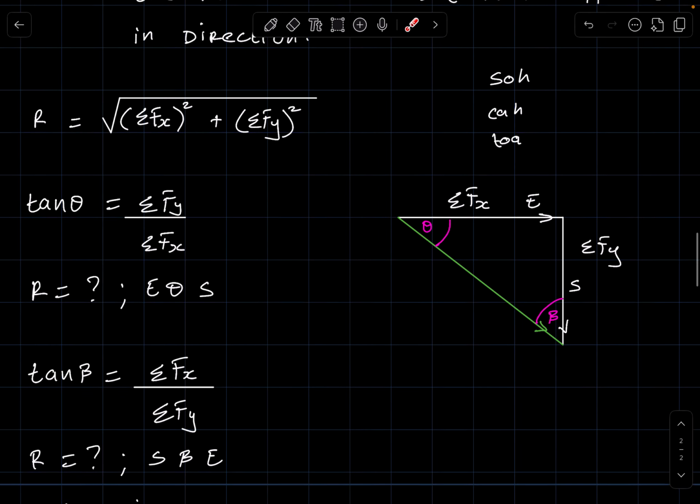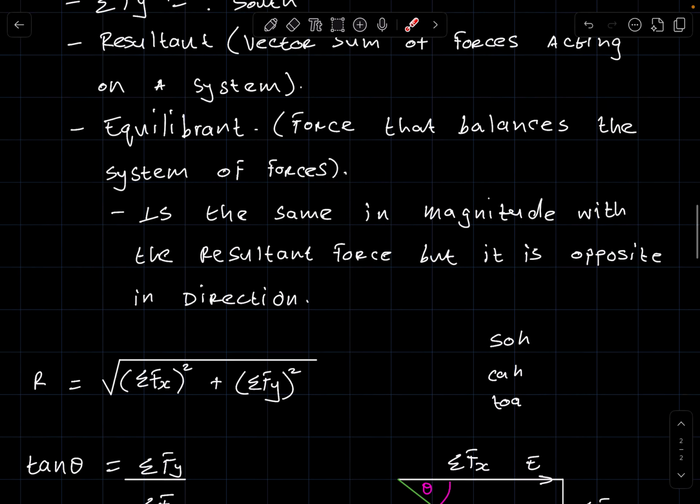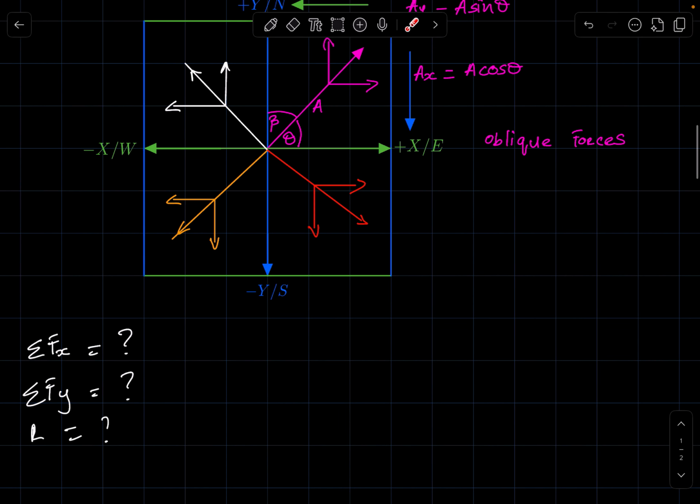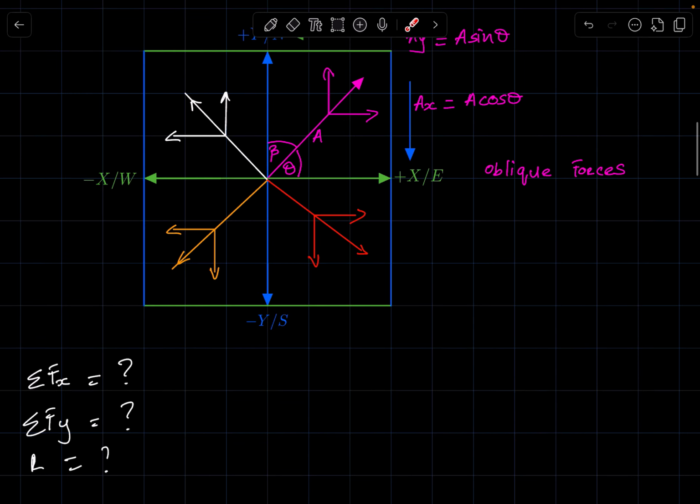Again with this one, just like how we resolve oblique forces into their components, remember I showed you how we would express the components depending on the angle that we use. I expressed that it is much better if we stick with using the angle that is referenced from the x-axis, so that all the x components will be in terms of cos and all the y components will be in terms of sine.